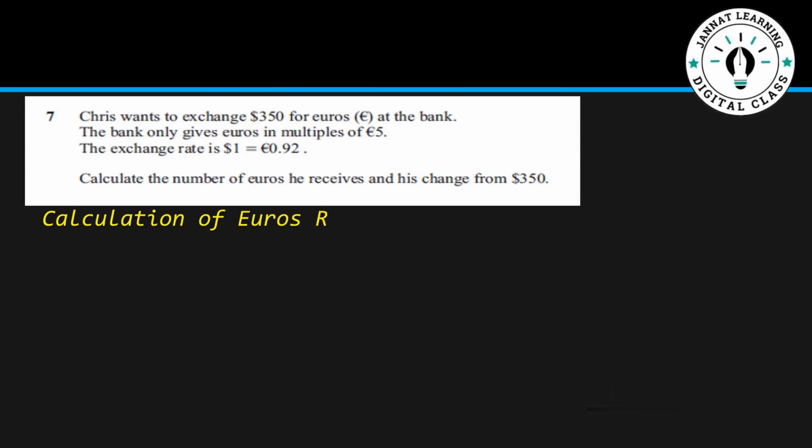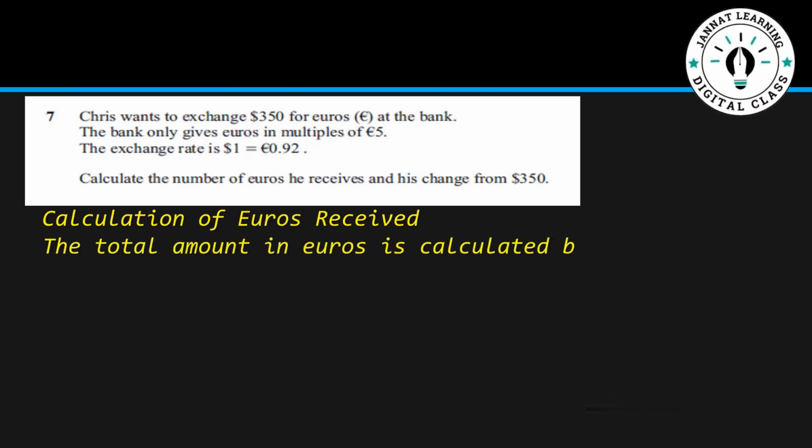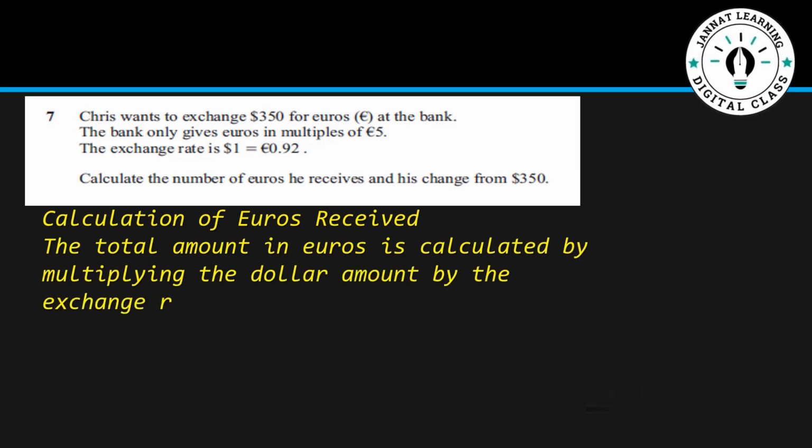Calculation of euros received. The total amount in euros is calculated by multiplying the dollar amount by the exchange rate. $350 multiplied by 0.92 equals 322 euros.